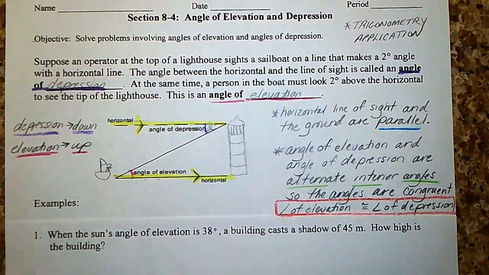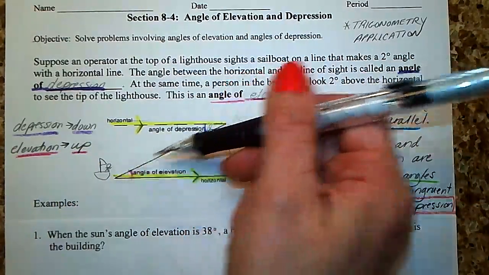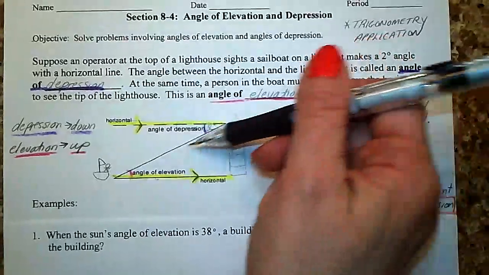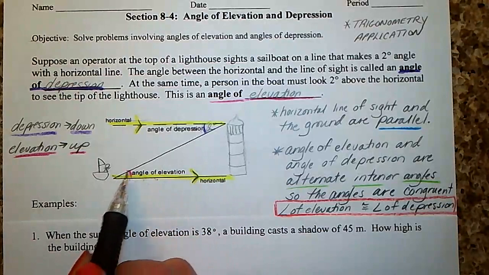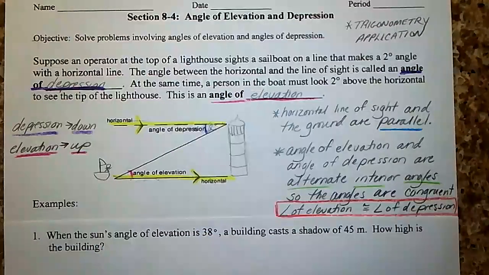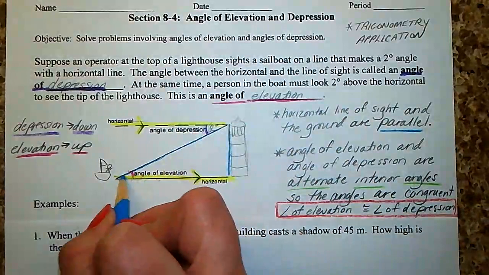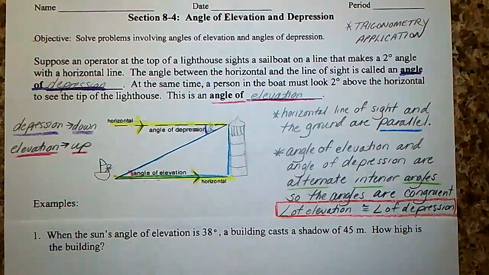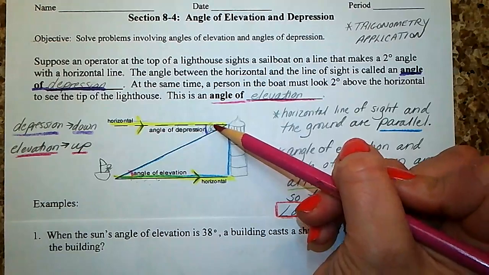One other quick thing I just want to remind you is that when we talk about depression, we're talking about down. Something being down, it's depressed. Versus elevate is up. So the angle of elevation is looking up. So if you notice where these two are located, the angle of elevation is always located inside at the bottom of a right triangle, and the angle of depression is always going to be outside of the right triangle at the top.